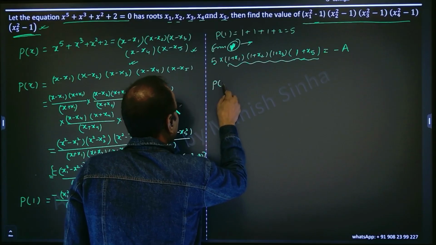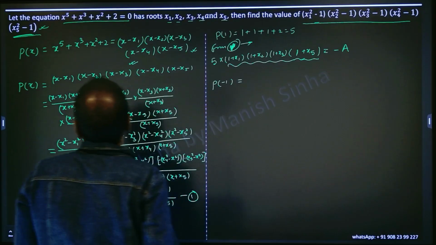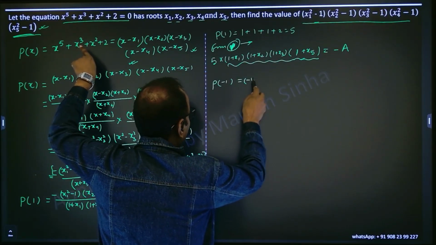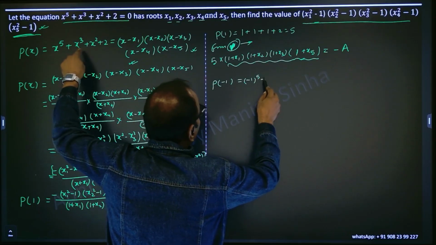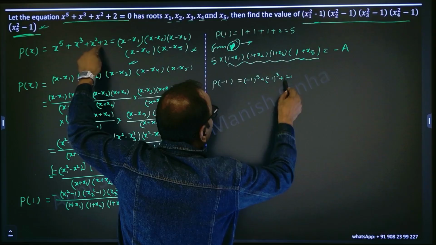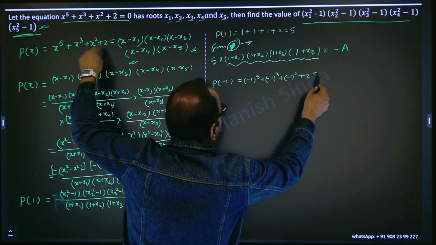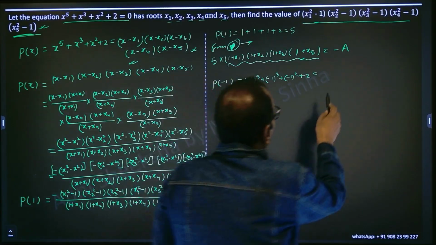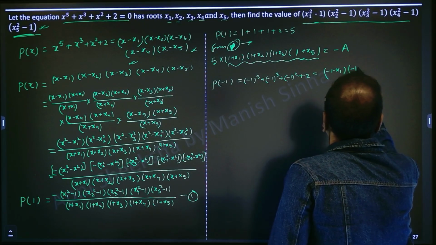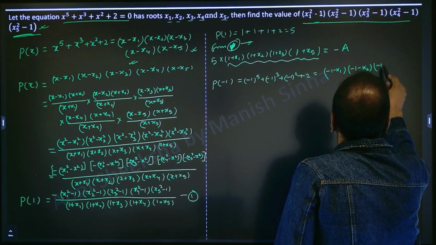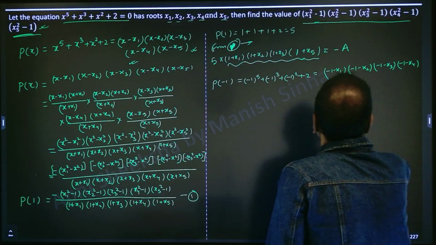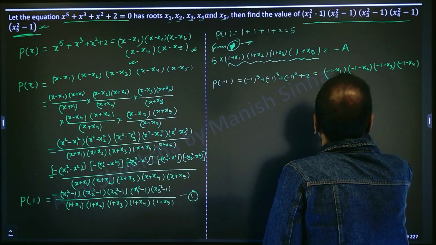So our P of minus 1 becomes minus 1 to the power 5, plus minus 1 to the power cube, plus minus 1 to the power square, plus 2, and this one: minus 1 minus x1, minus 1 minus x2, minus 1 minus x3, minus 1 minus x4, minus 1 minus x5.